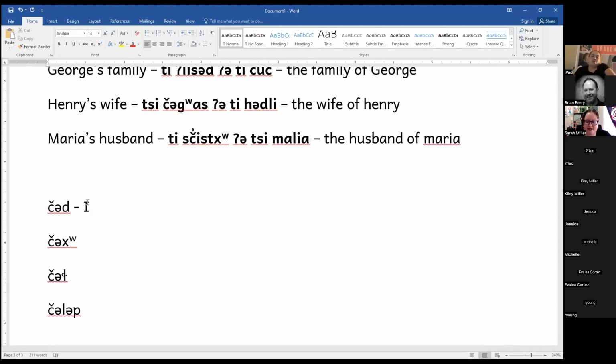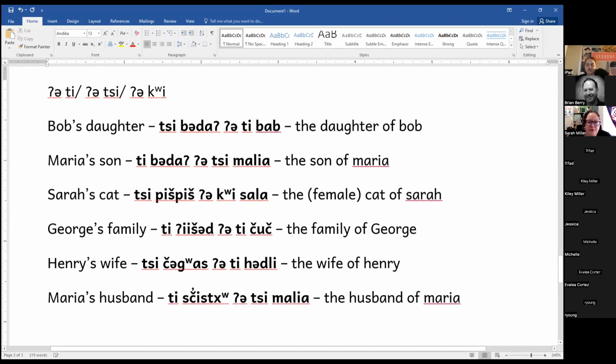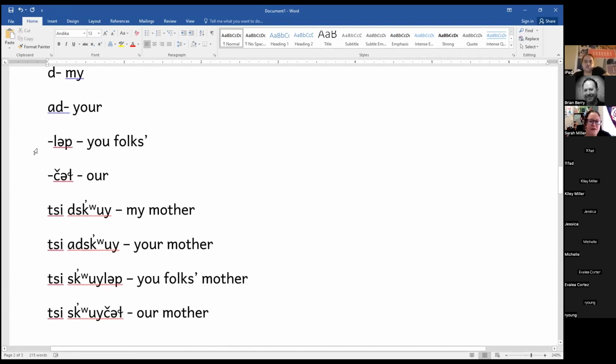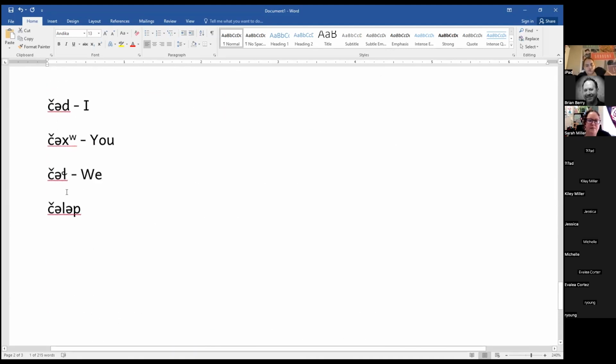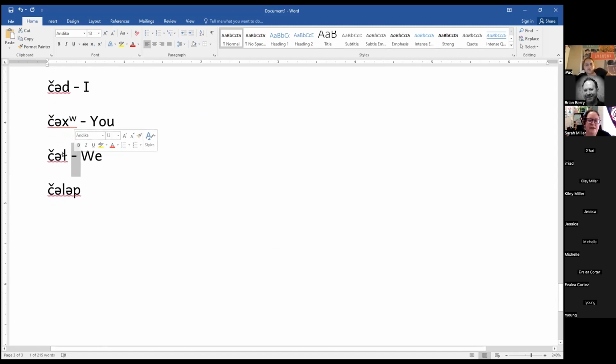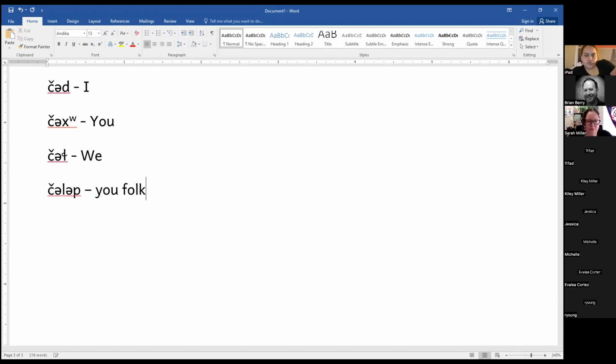Chud is I, chuh is you, chuh is we, not to be confused with the chuh up here. Notice this chuh has that dash in front of it, and the one down here does not. The dash is just to separate it. That one means our, a possessive. This one just means we. I know it's confusing. And then chill up, folks.